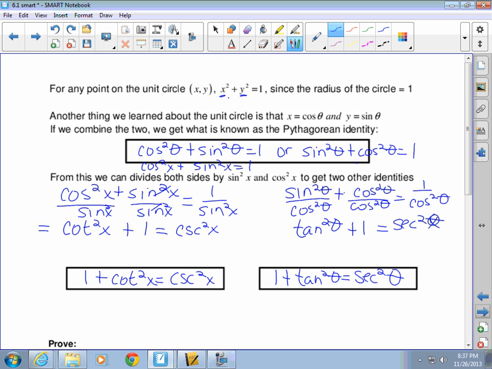Now on your departmental exam, just something for you to take note of. They give you the basic trig identities to deal with these. So they give you the reciprocal identities.